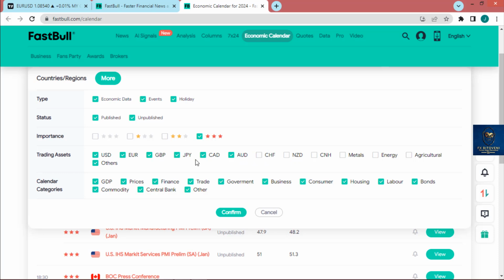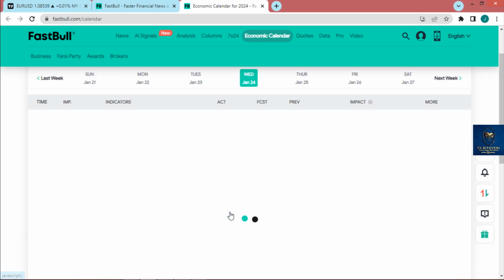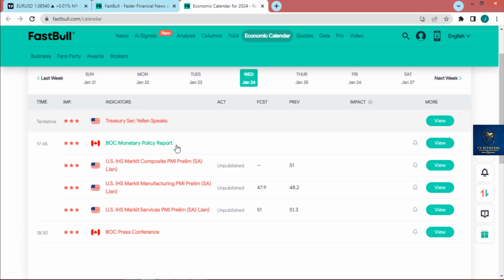Maybe you need USD news if you are trading Euro USD, for example, or GBP USD. You may need USD, maybe Euro and GBP only. And then you can keep ticking whatever matches what you are looking for, and then click confirm to show you data that matches your filter.